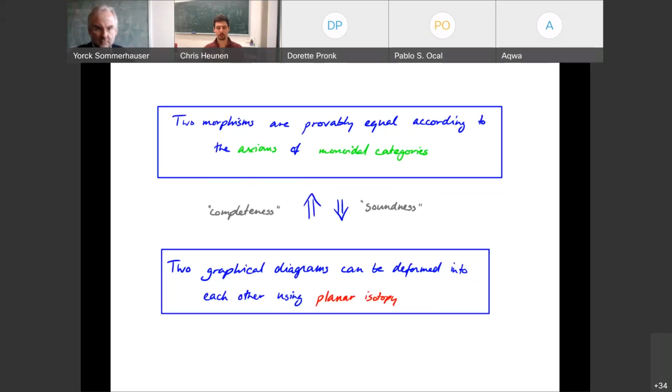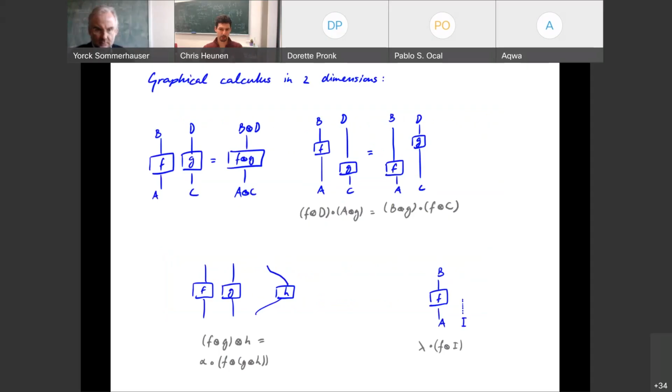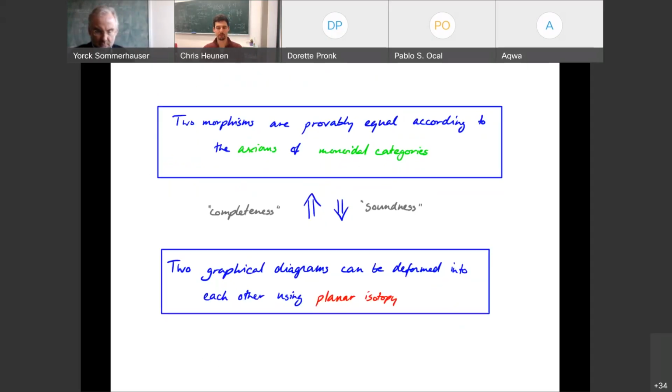So you can prove that this language is what's called sound and complete. In a sense, you can trade the algebra, in the sense of the gray equations here, for the pictures, the blue pictures. And you lose nothing in the translation. To be more precise, if I have a monoidal category, 2 morphisms in this category are provably equal according to the axioms.